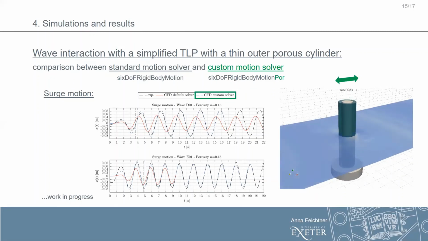The initial results clearly show that the default solver cannot accurately replicate the surge motion of the TLP with the porous shroud, but the modified solver gives pretty good agreement with the experimental results for the initial wave conditions investigated. So this is work in progress, and the validation will be extended and improved now.